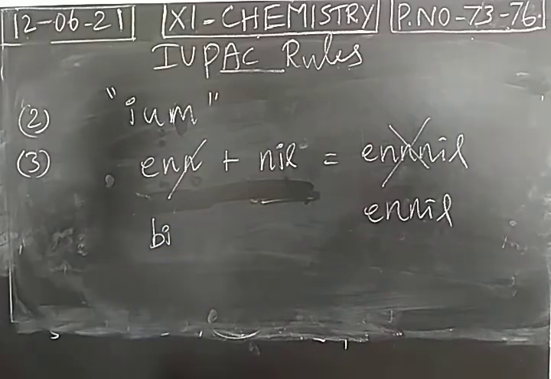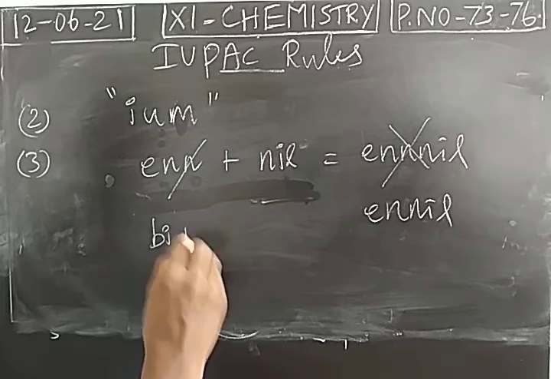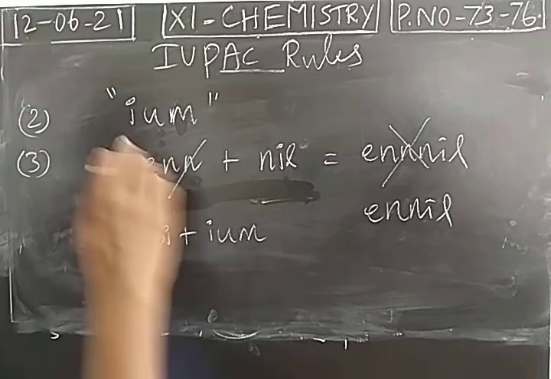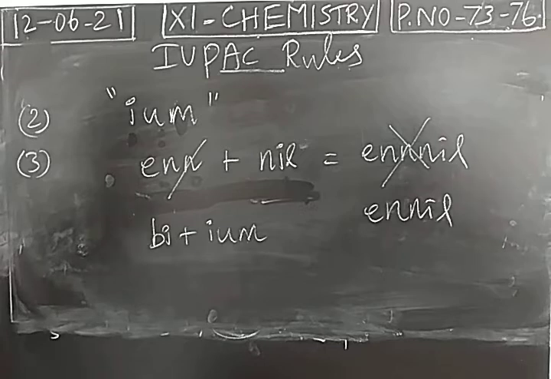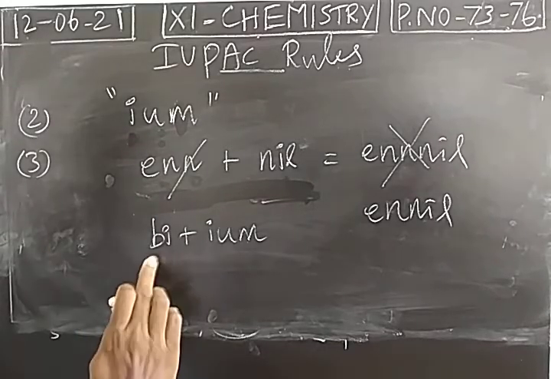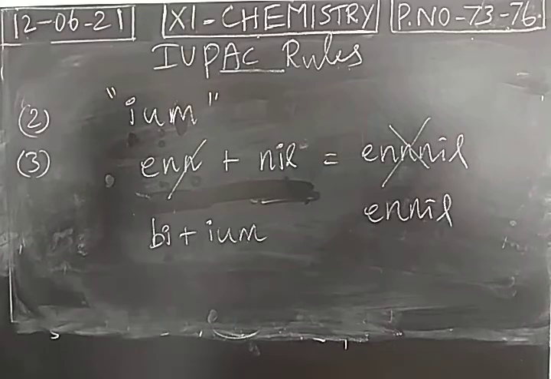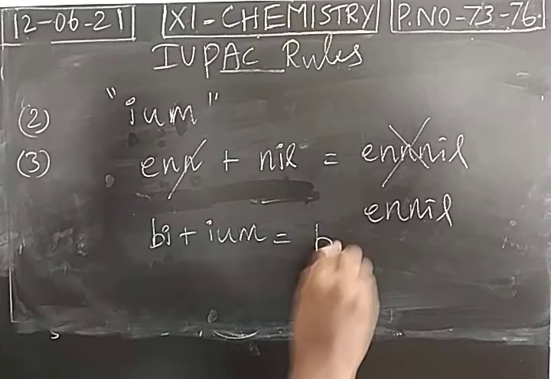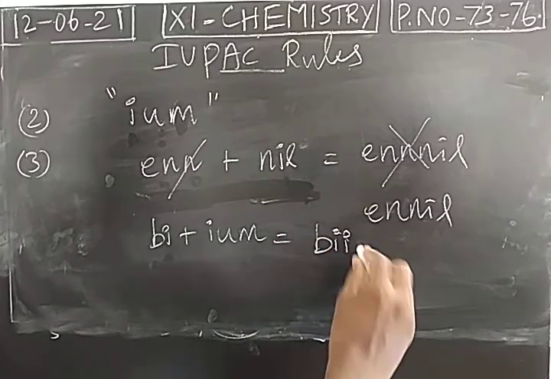If you combine a root word with the suffix ium, as I told, the name should end with ium. So bi is the root word of number 2. If bi as well as ium are combining, don't write it as biium.